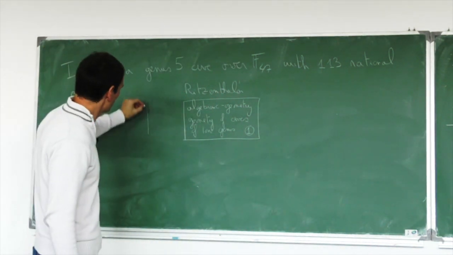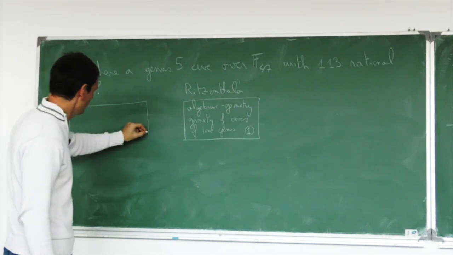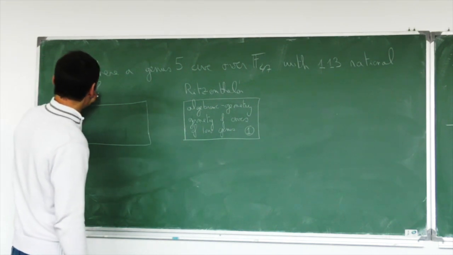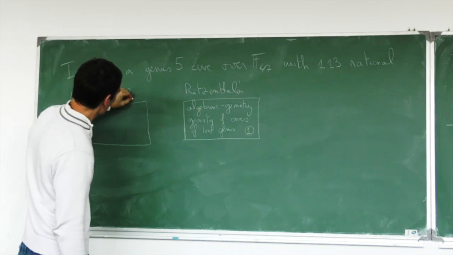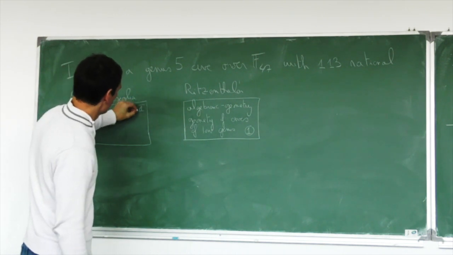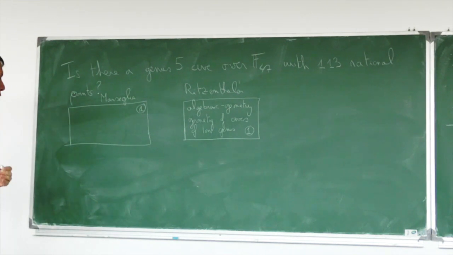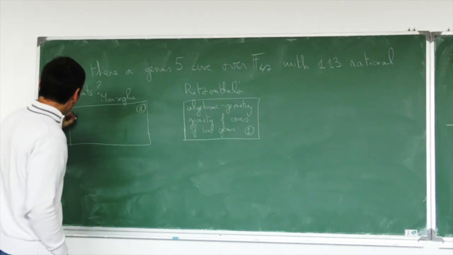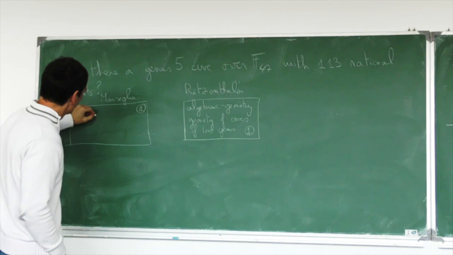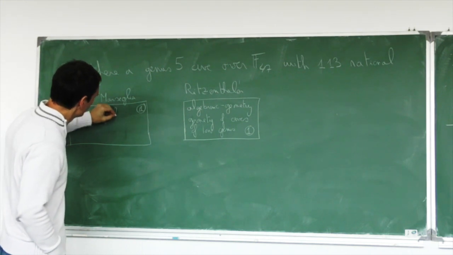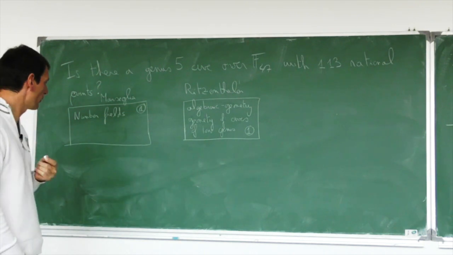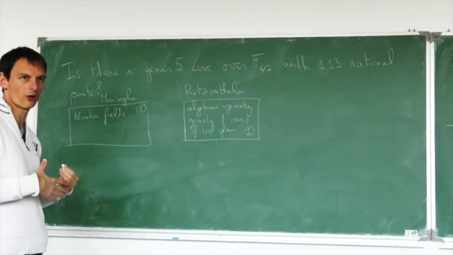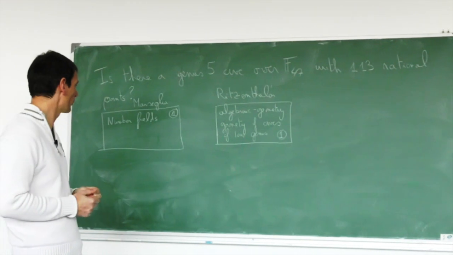Then you have another box here, which is Marseglia, Stefano's first part. So Stefano is going to do number fields, and in particular orders in number fields, and also lattices or modules over these orders.